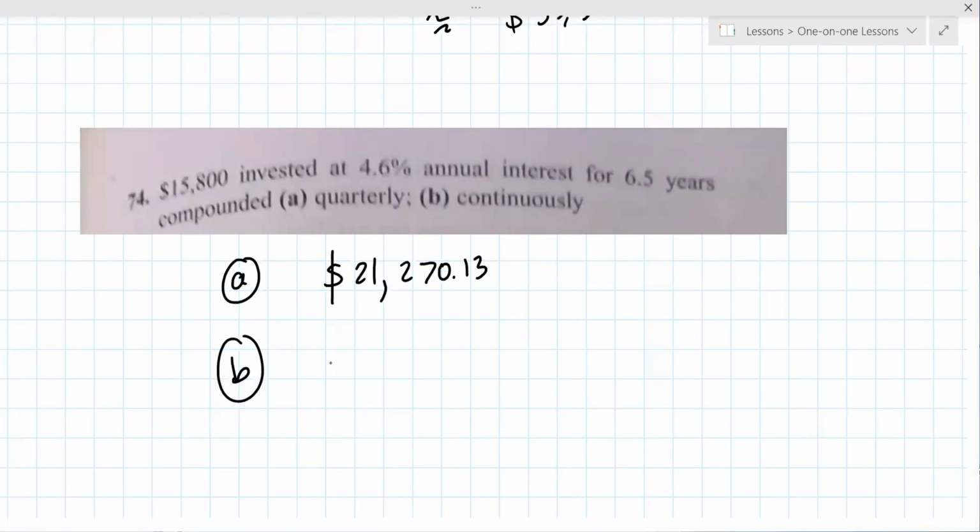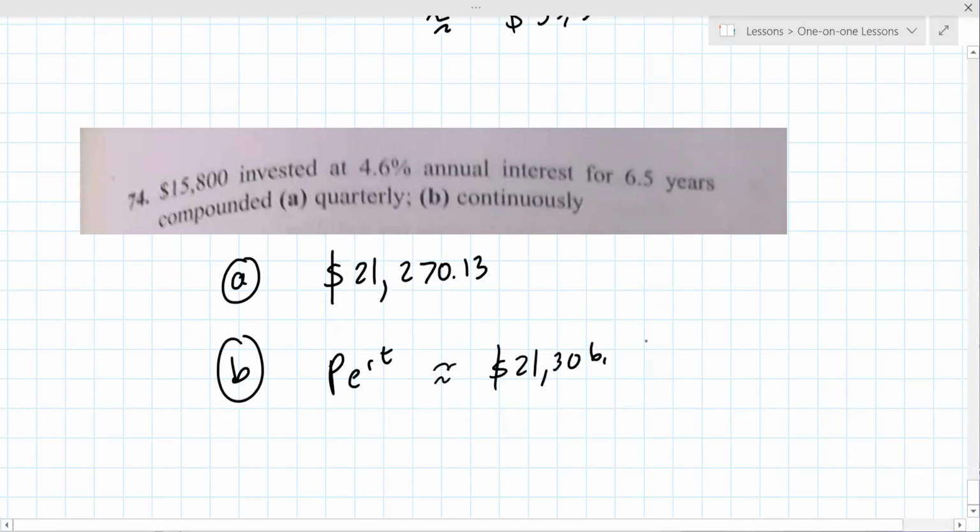The continuous one is PERT again. Perfect.